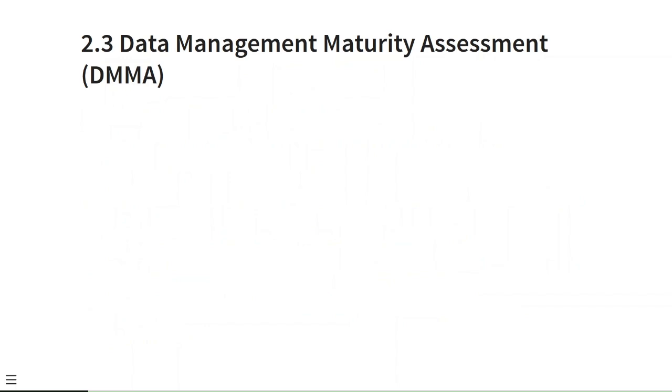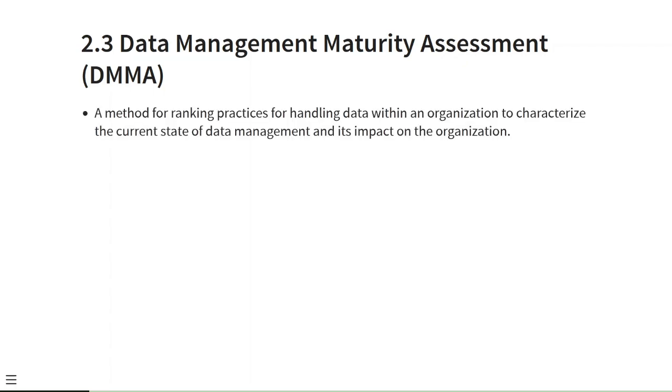A data management maturity assessment is a subset of capability maturity assessment focused on data management. It is a method for ranking practices for handling data within an organization to characterize the current state of data management and its impact on the organization.